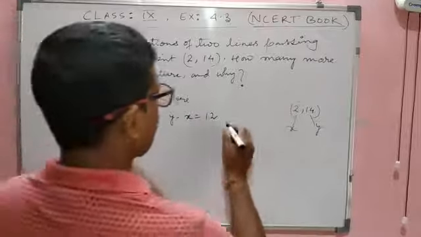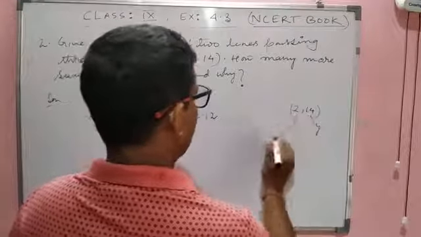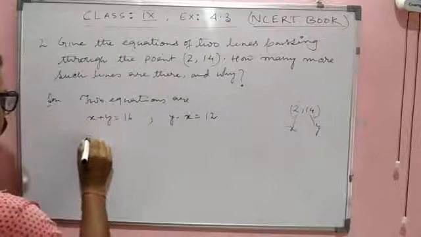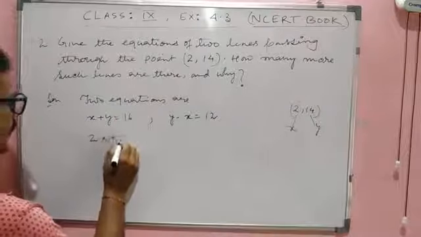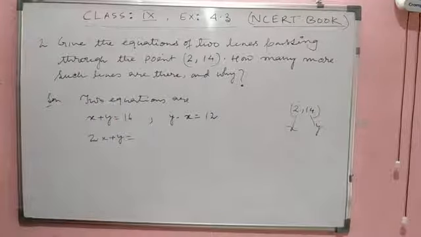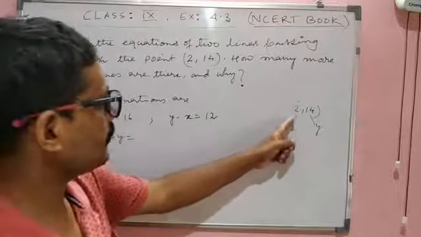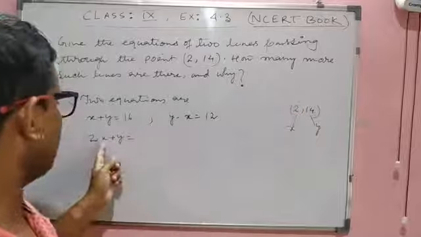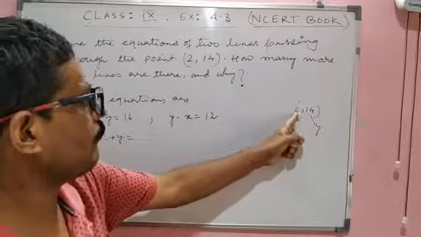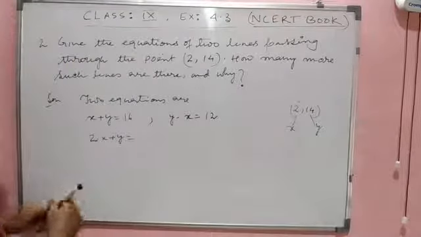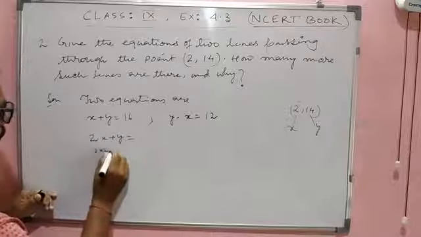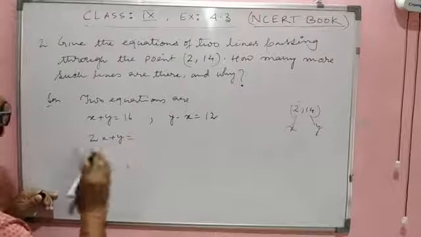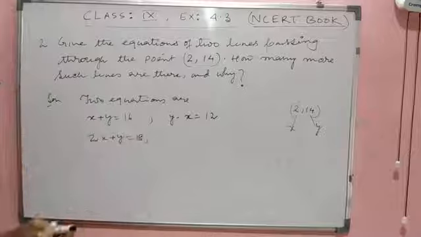I can write more equations, you see. Suppose I use 2x + y, 2 into x means 2 into 2, which is 4, plus y is 14, so it will be 18. So definitely we can write this as 18.